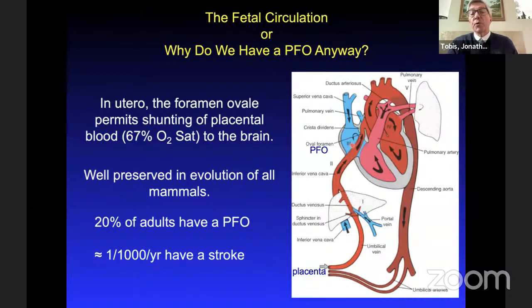If it went the usual way through the right heart to the lungs, the oxygen saturation in the placental blood is pretty low to begin with, only about 67%. So it would continue to lose oxygen, and presumably there wouldn't be enough oxygen for the baby's brain to mature or organs to develop. So this mechanism permits the oxygenated blood from the placenta to get across the atrial septum directly to the left heart and to the baby's organs.